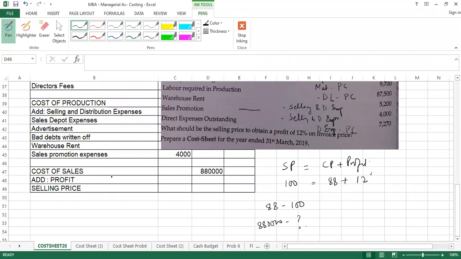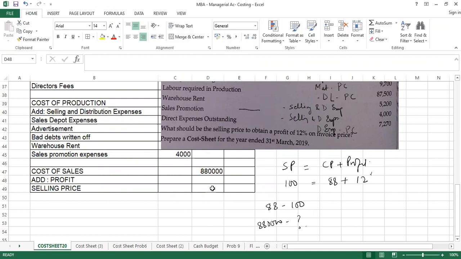So selling price will be 10 lakhs, and your profit would be 1,20,000.